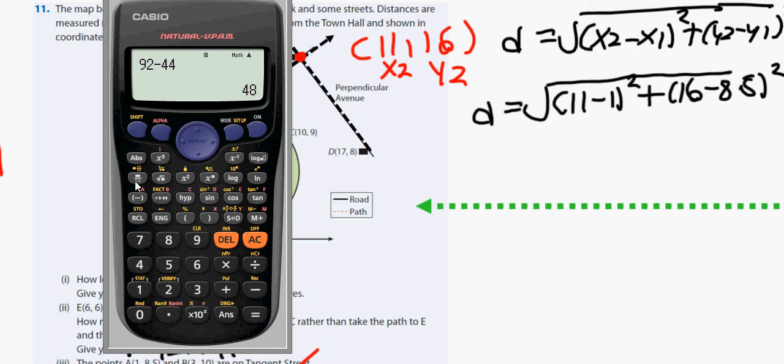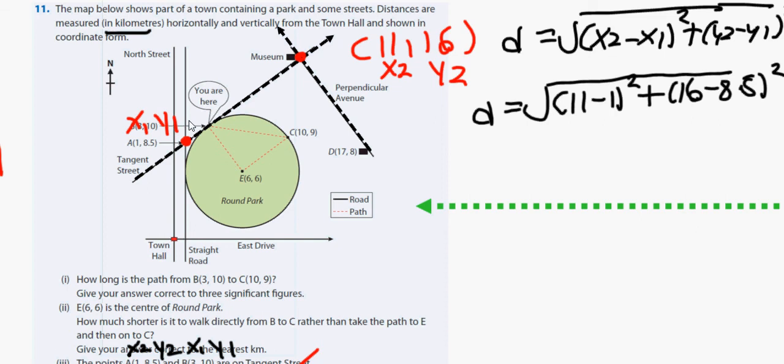So you know that this distance is 12.5. So from here to here is 12.5.